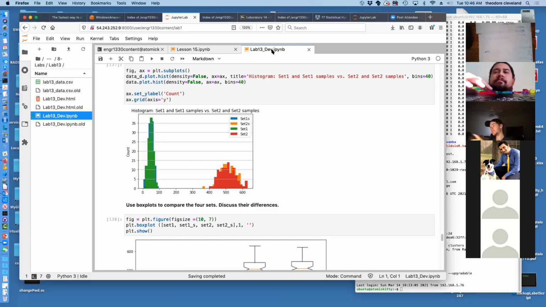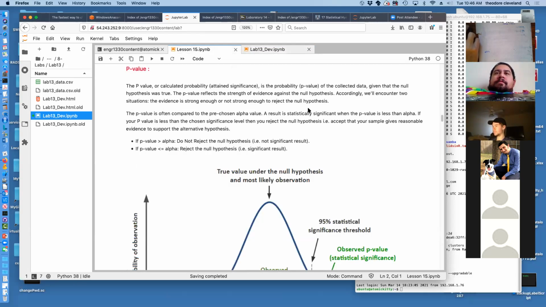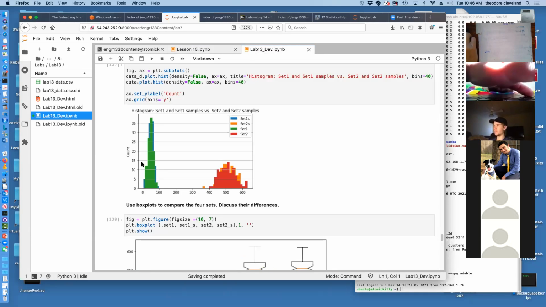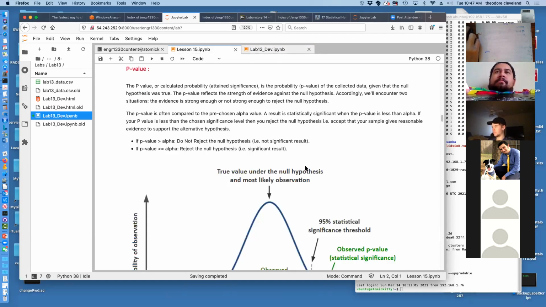Yeah, there's pretty darn strong evidence that blue and green are quite a bit to the left of red and gold. In this case, what's the evidence? The evidence is the distance between the two sets. If the sets are not far apart, the evidence is weaker.